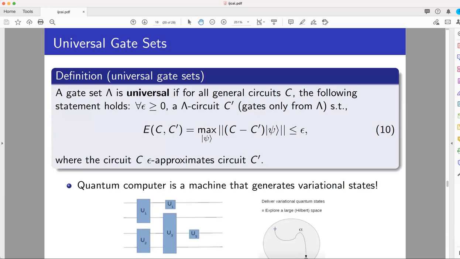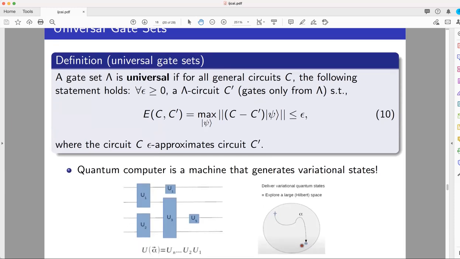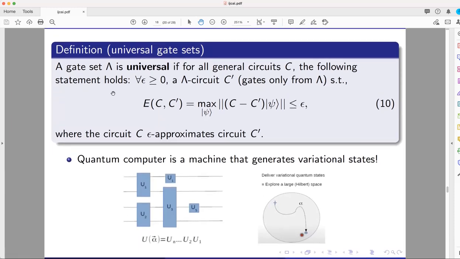That means that for any approximation error, we can always choose some universal quantum gates from the set so that, for any target quantum gate, we use the basic universal quantum gates to approximate the target gate. This is a property that we call universal approximation by using universal quantum gates.